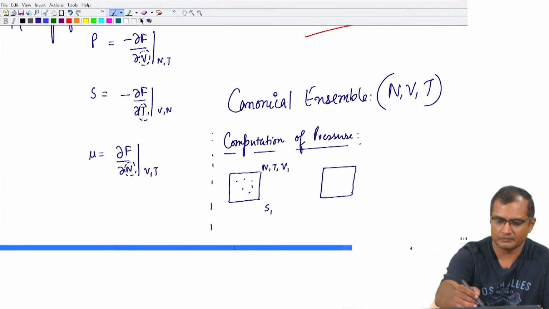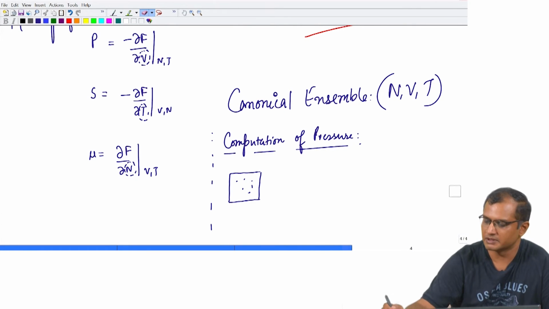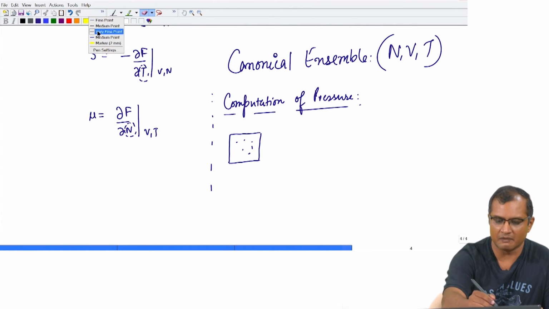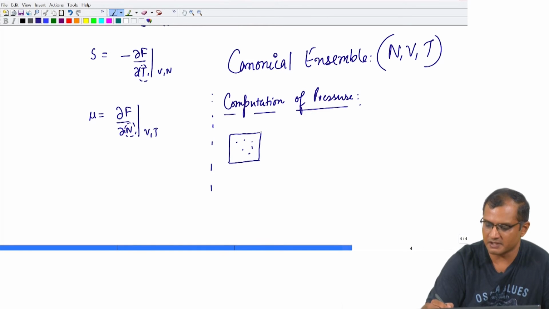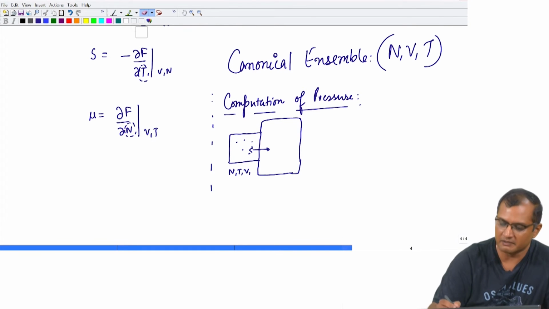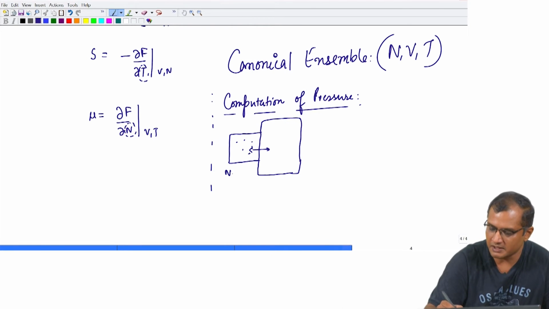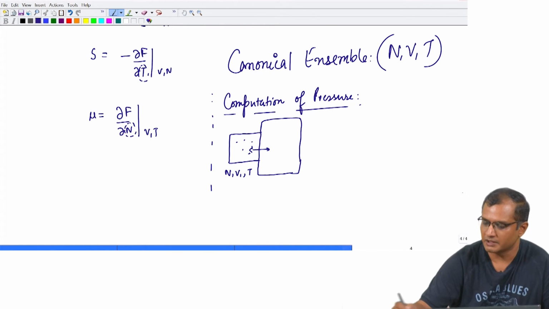Let me make the system in contact with some heat reservoir. It is exchanging energy and this system is maintained at n, T and V1. So, we are taking n particles at volume V1 and temperature T. Call this system 1.